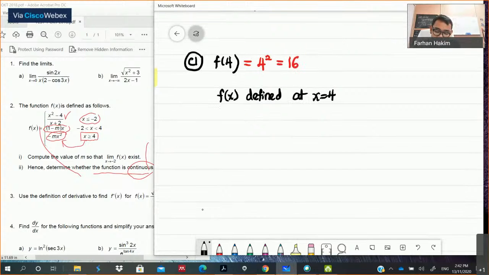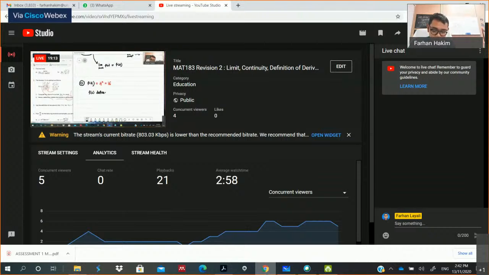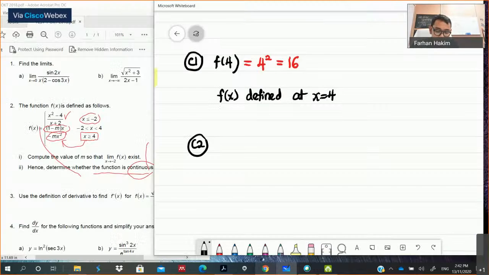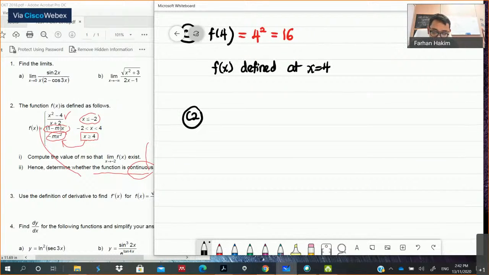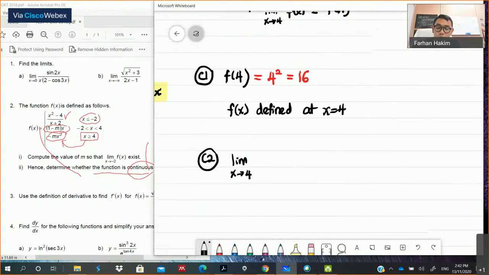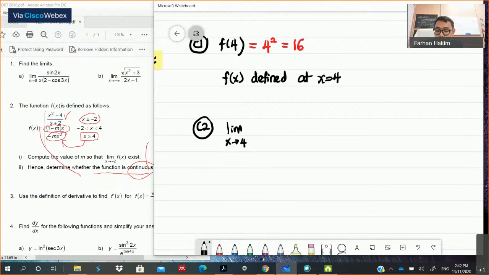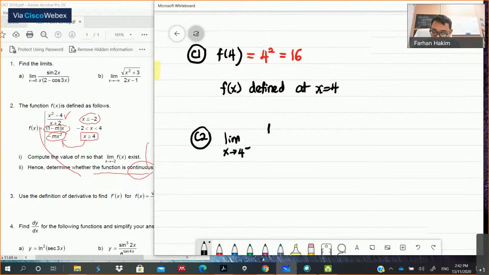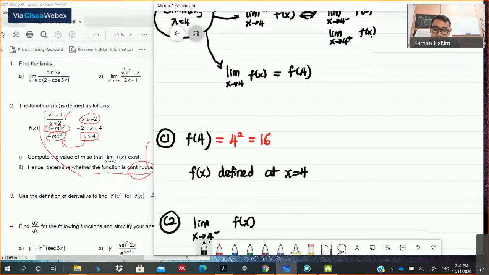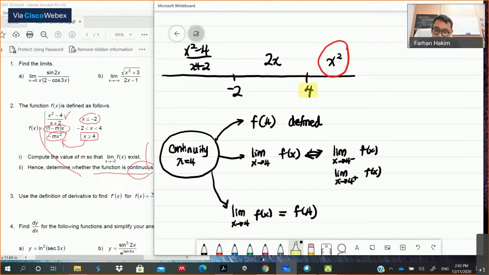Now we go to condition number 2. We want to check the continuity at x equal to 4, so we have to find the limit as x approaching 4 from the left of f(x). Go back to your number line. This is your 4. Which one is at the left of 4?